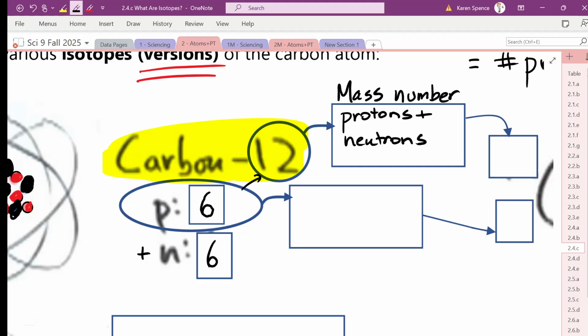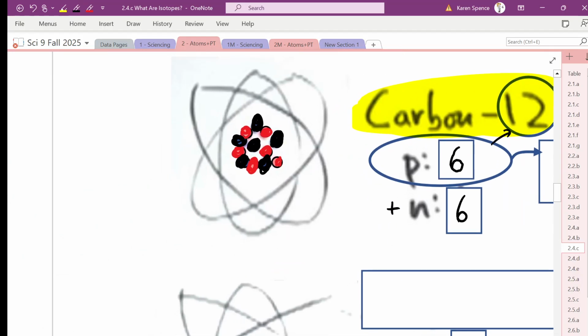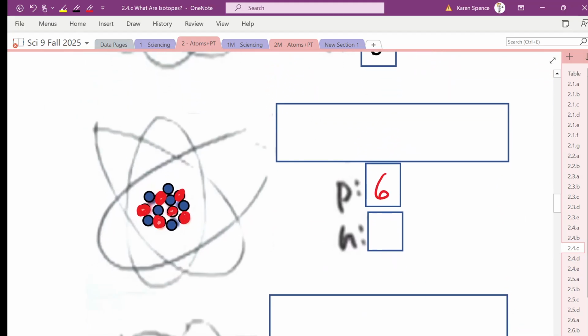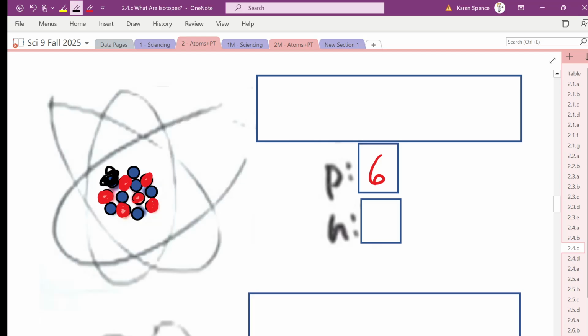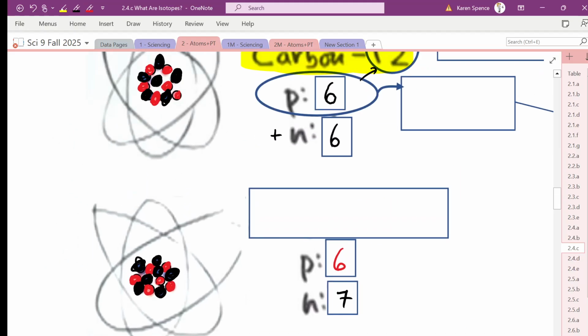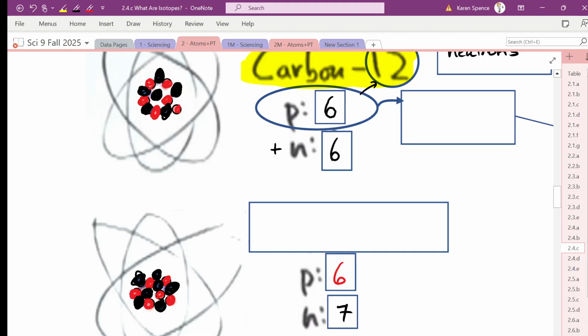Okay, because let's go to our second carbon atom here, and let's count our neutrons. How many neutrons in this atom? 1, count with me. 3, 4, 5, 6, 7. We changed the number of neutrons. Oh my gosh. So instead of calling this carbon-12, what would we call it?